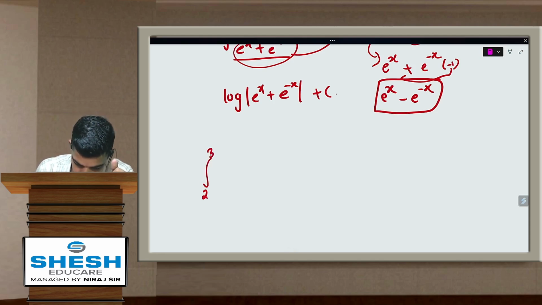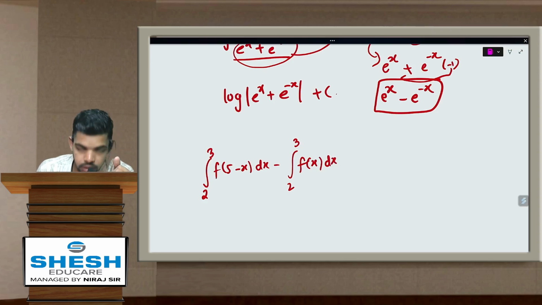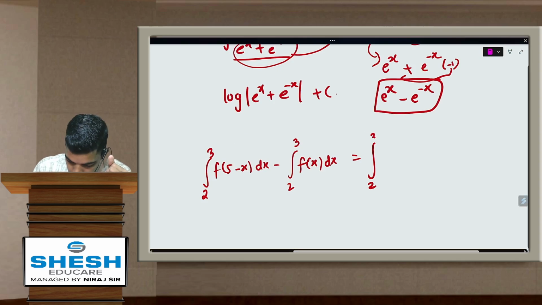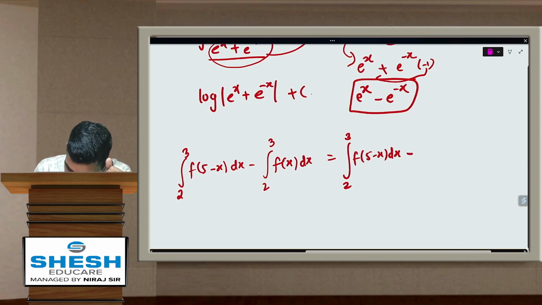The integral from 2 to 3 of f of 5 minus x dx minus the integral from 2 to 3 of f of x dx. This is given, so we'll write the first integration as it is, 2 to 3 f of 5 minus x dx, minus.